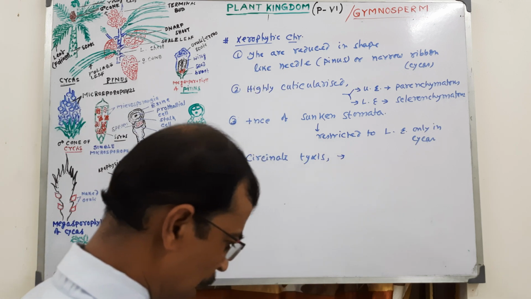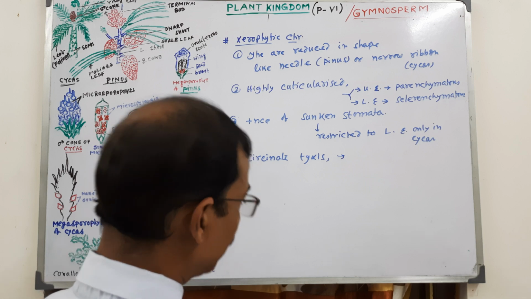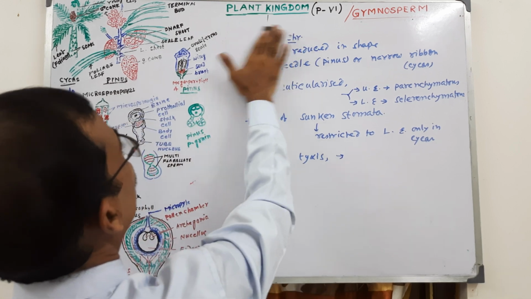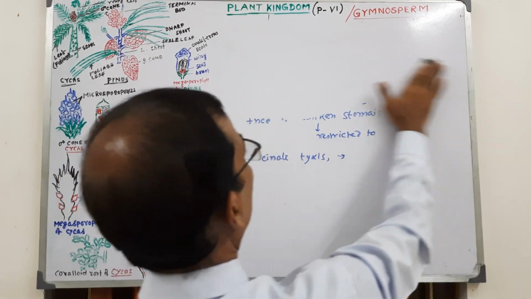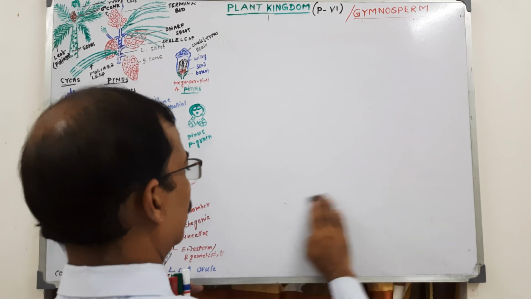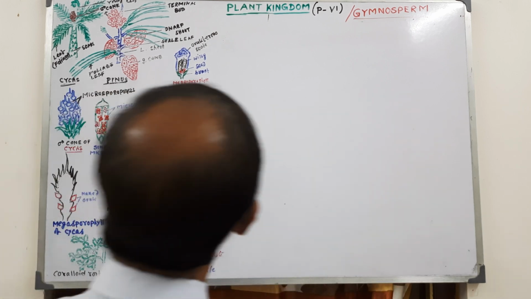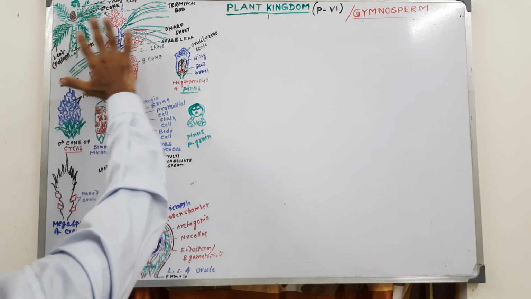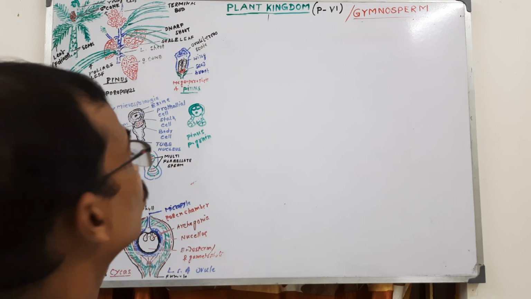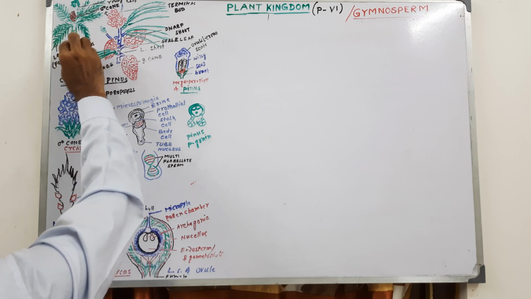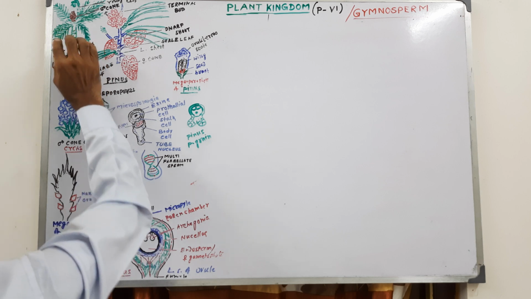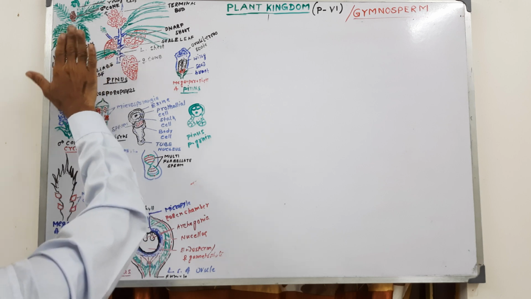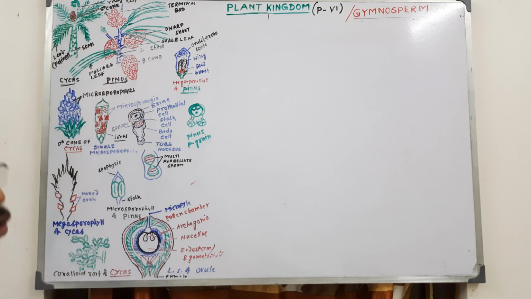Next, we discuss their reproductive structures. In this context, you should know that Pinus performs mostly sexual reproduction, but in Cycas, bulbil or bud is present on both the male and female mature stem.